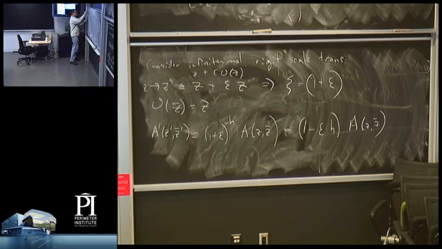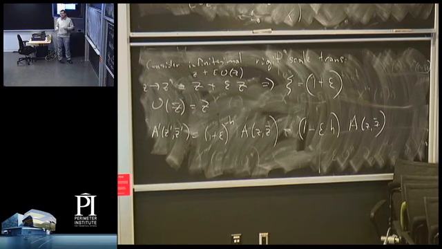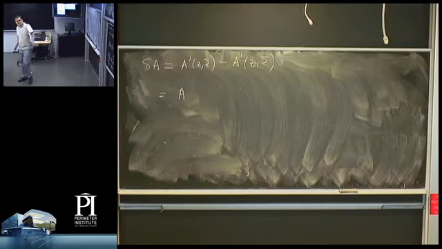So I have delta A. By definition, the way we always introduce it, it's equal to A prime of z, z bar minus A of z, z bar. So I have to transform this, and then I have to shift a variable.